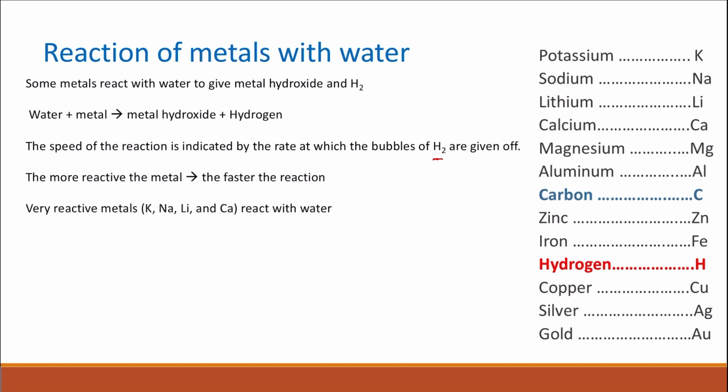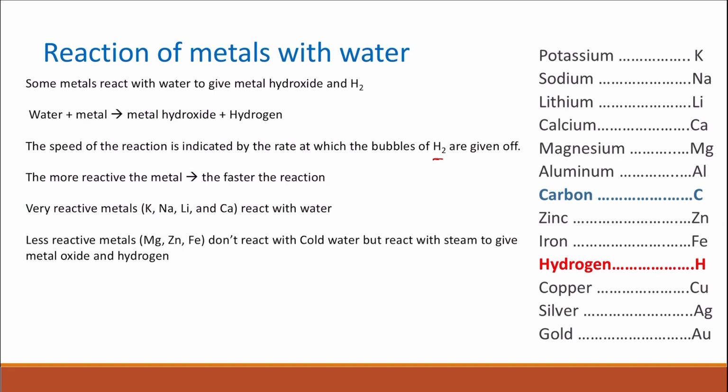Usually, very reactive metals like potassium, sodium, lithium, and calcium can react with cold water to give metal hydroxide and hydrogen. However, the less reactive ones, which are magnesium, zinc, and iron, will not react with cold water, but they can react with steam. When they react with steam, they still give a metal compound, but not metal hydroxide.